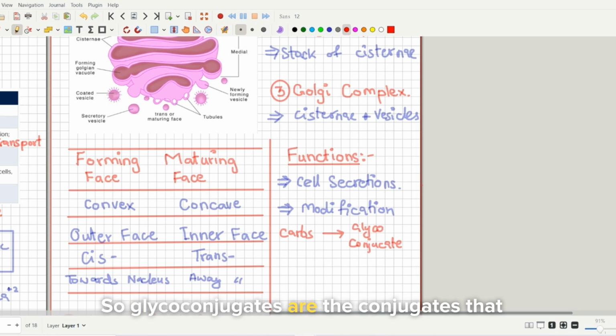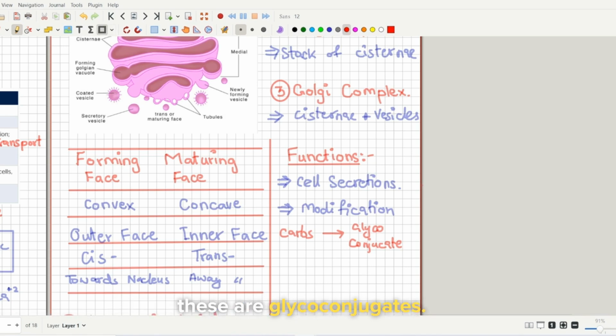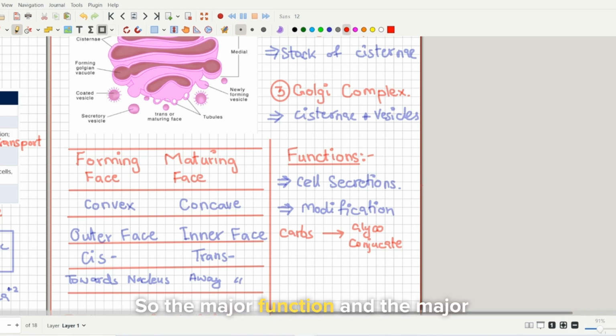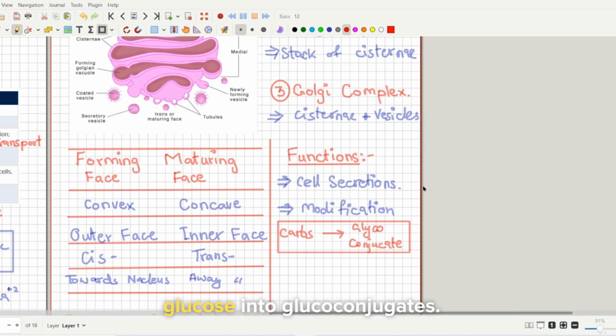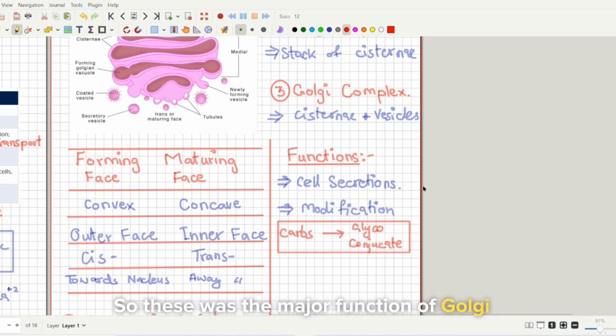So glycoconjugates are conjugates that contain glycogen or glucose, for example glycoproteins and glycolipids. So the major modification that Golgi apparatus does is to convert carbohydrates, or you can say glucose, into glycoconjugates. This was the major function of Golgi apparatus.